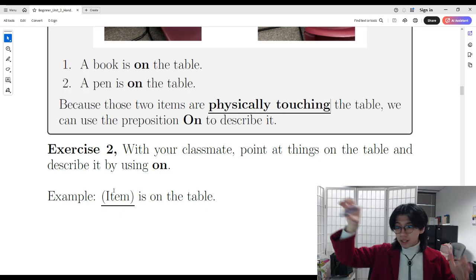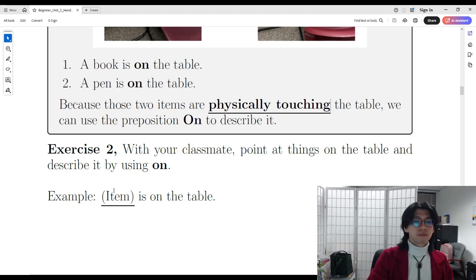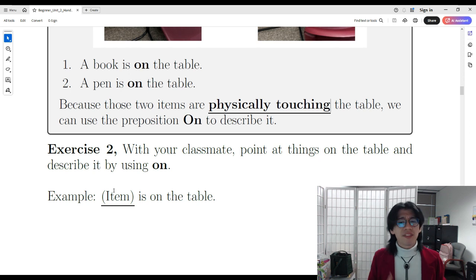A pen is on the table. Anything you see, I'm sure there is at least something that is on the table. I want you to practice using on to describe things, okay? So that will be the homework until the next video.